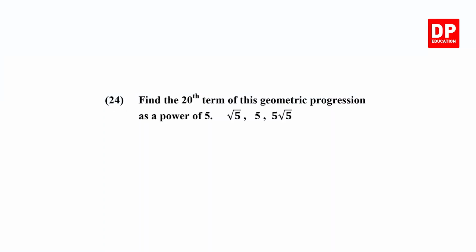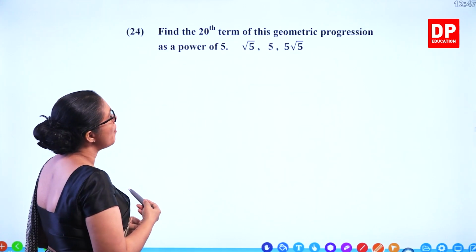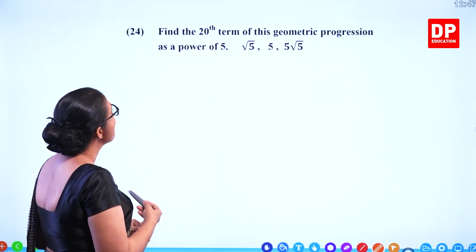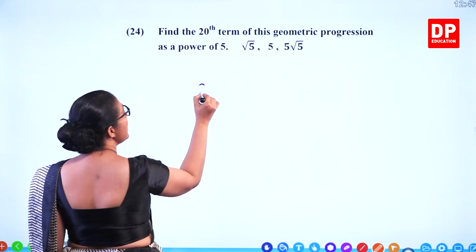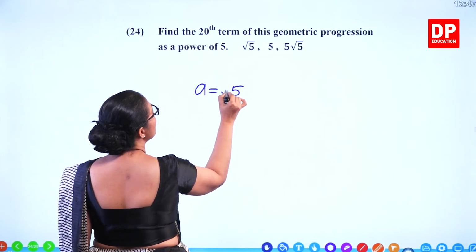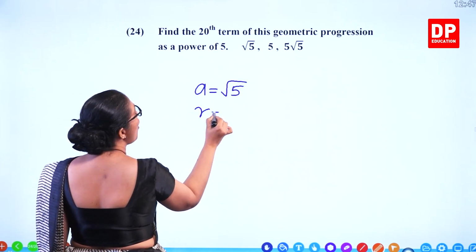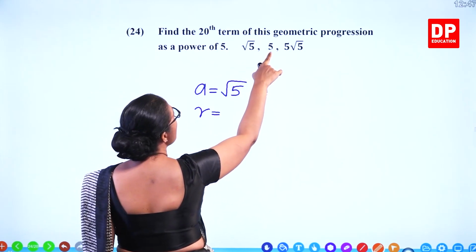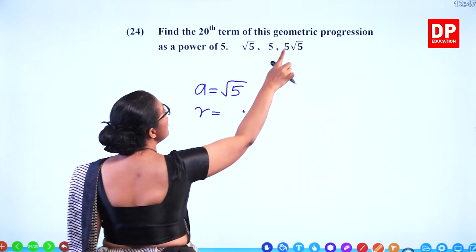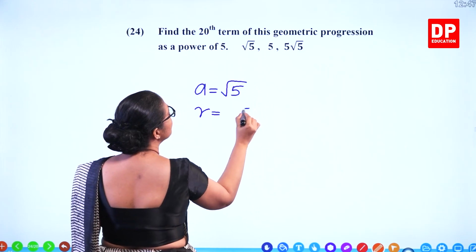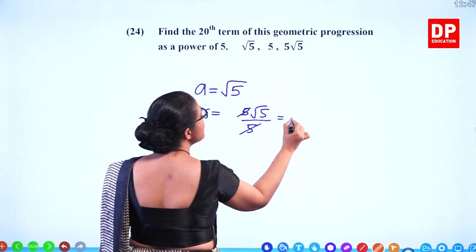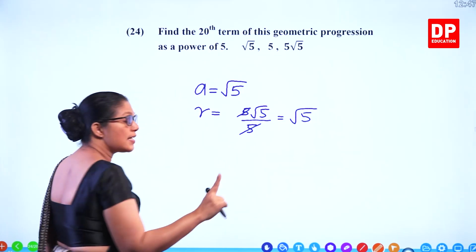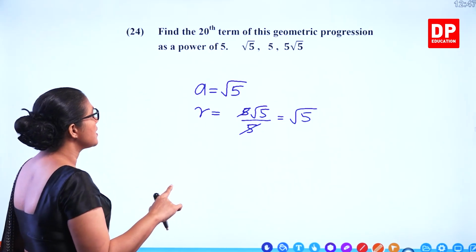Question number 24. Find the 20th term of this geometric progression as a power of 5. So the first value, a is root 5, first term. What's the ratio? Common ratio, 5 divided by root 5, or 5 root 5 divided by 5. You get root 5 as the common ratio. Any term divided by the previous term.